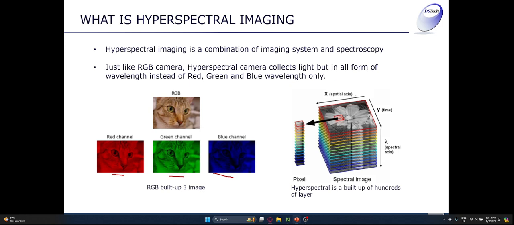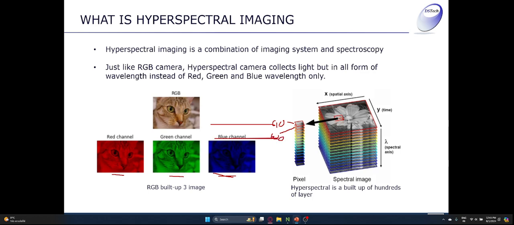But hyperspectral, as you might know, is not quite that. I would say it's the same concept, but instead of just three different filters, it is capturing a lot of different filters, each corresponding to very specific wavelengths. For example, here you have a red, which might be, let's say, 610, and then maybe this is 620.